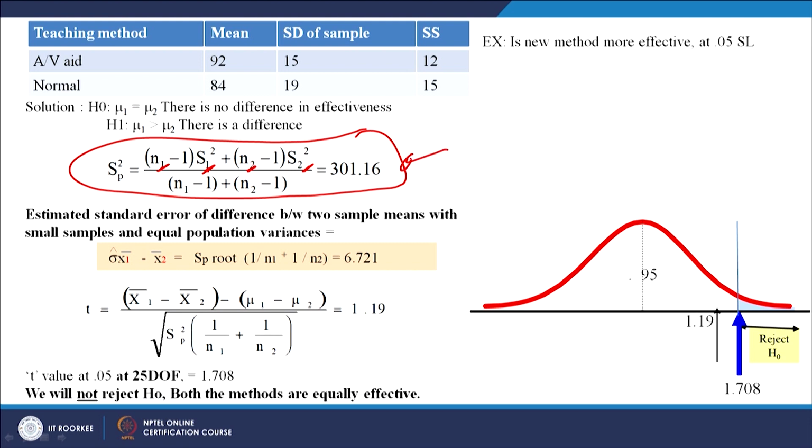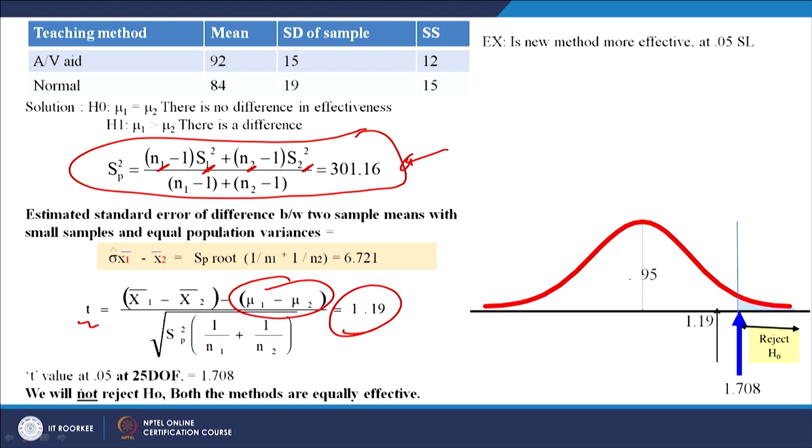So, this comes out to be 301.16 and the t calculated value is 1.19. You need to keep in mind that this term mu1 minus mu2 is equal to 0, right. So, x1 bar minus x2 bar is simple, you have this 92 minus this.